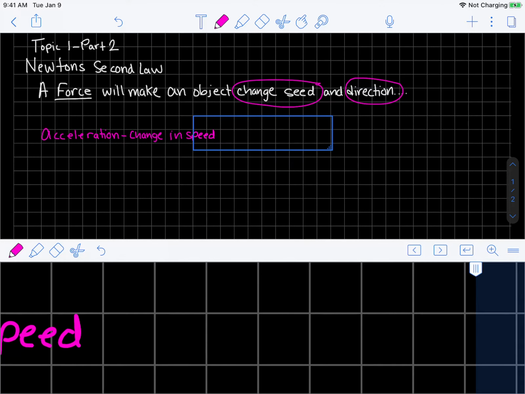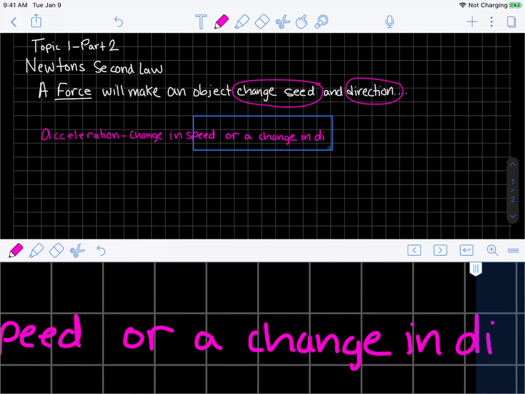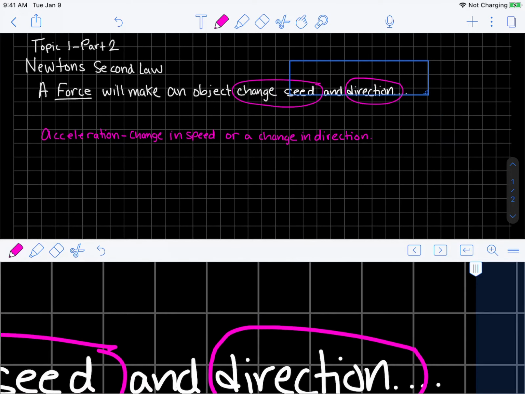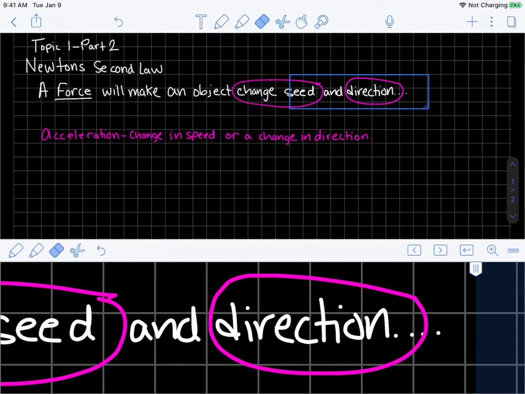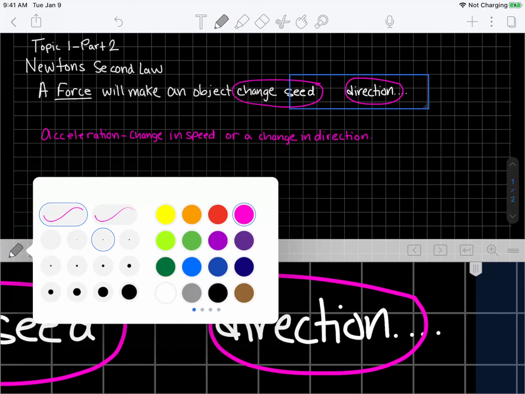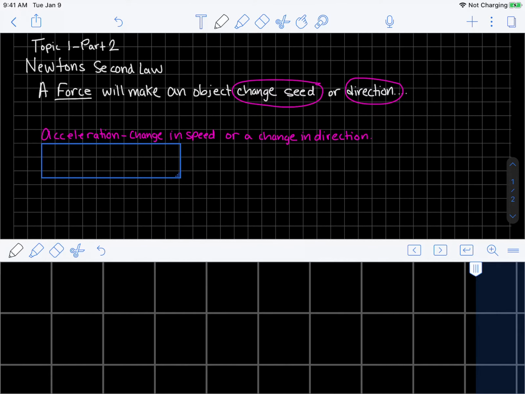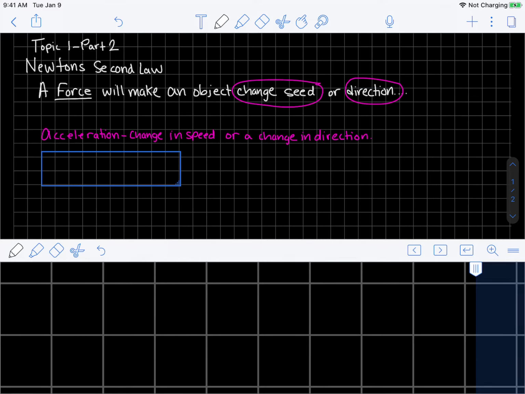A change in direction can also mean acceleration. So we have either a change in speed or a change in direction. In fact, let's fix this right here and add an "or," because it can be both or it can be one of them. So we have an acceleration involved, and so a force will cause an object to accelerate.